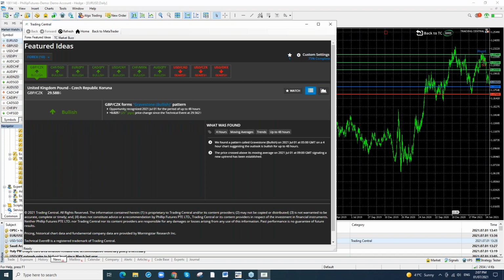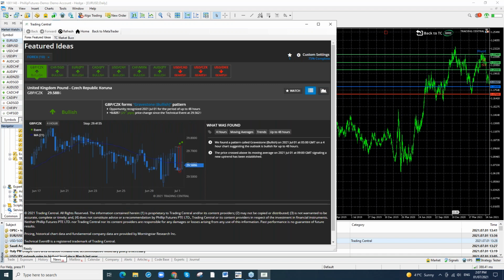It's the tool that is purely based on technical analysis. Actually, it is based on something that it's called technical events. I will tell you just a bit more about it. We have highly scaled, globally distributed infrastructure to run our proprietary algorithms, and those algorithms analyze tens of thousands of financial instruments continuously as a new price bars form.